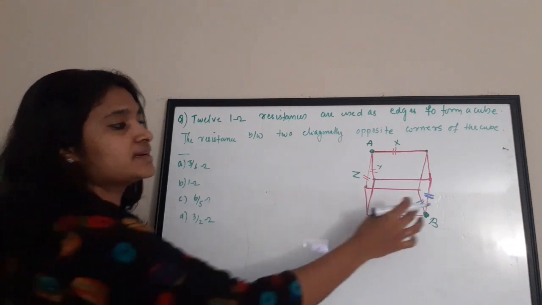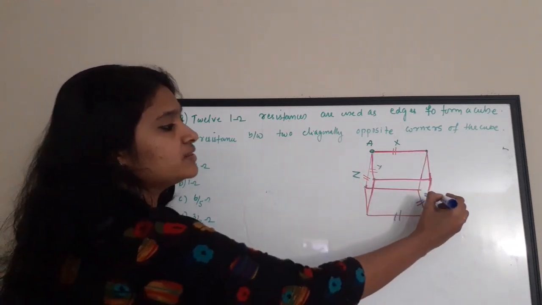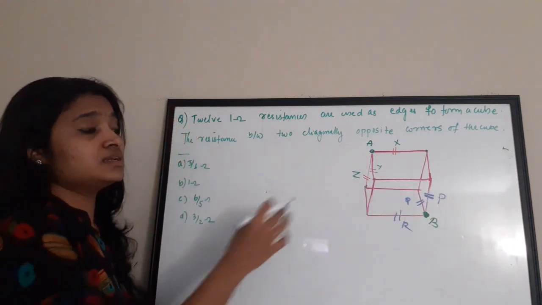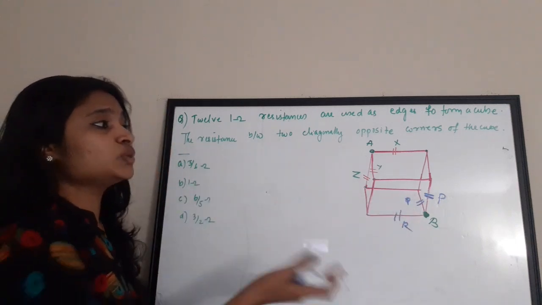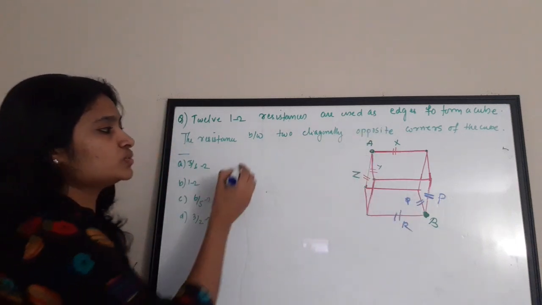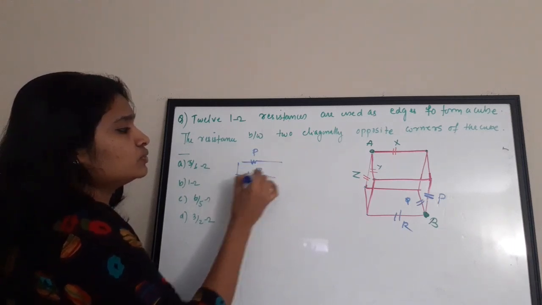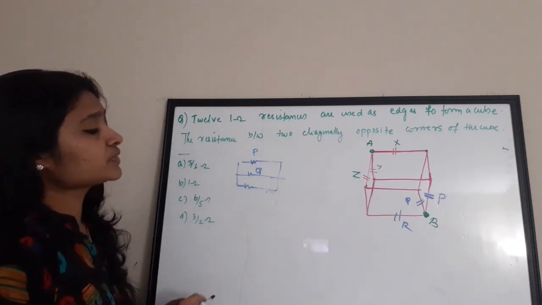B is connected with one point here and one point there. We'll call the resistors P, Q and R. If you consider the case of P, Q and R, this will be similar to that of X, Y, Z.